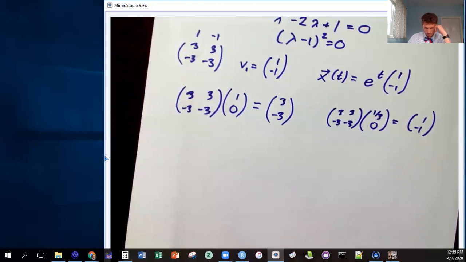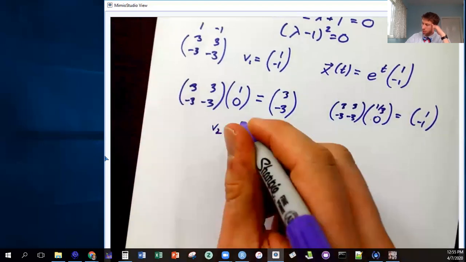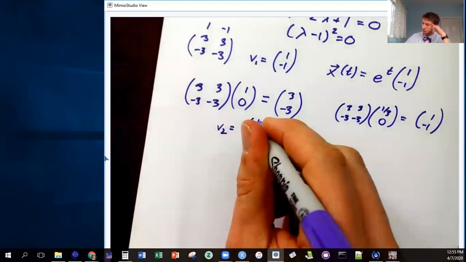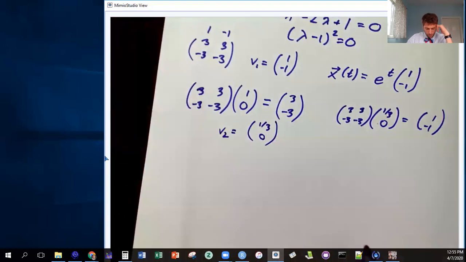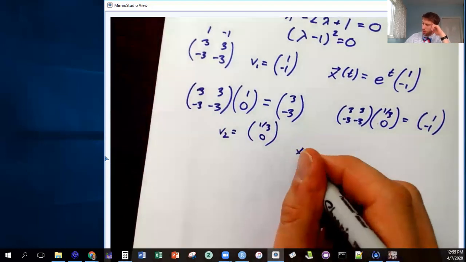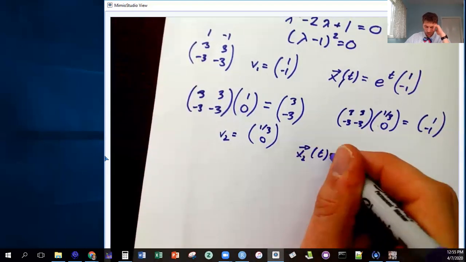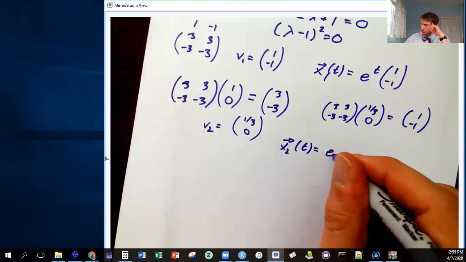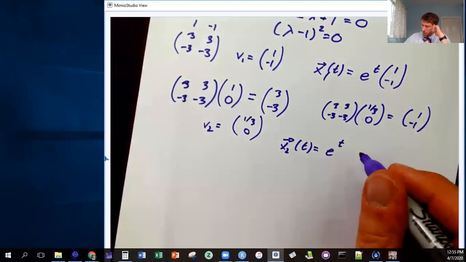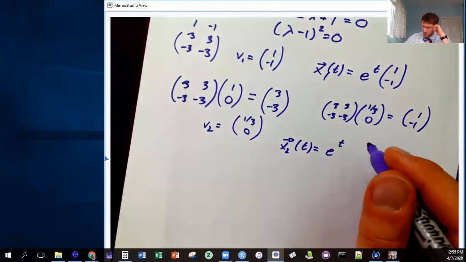Okay, so then this is a vector of the form alpha v1. So v2 equals that. So this is v2. So v2 equals 1/3, 0. Okay. So the second solution is x2 of t equals e to lambda t, so lambda is 1, times v2 plus t v1.